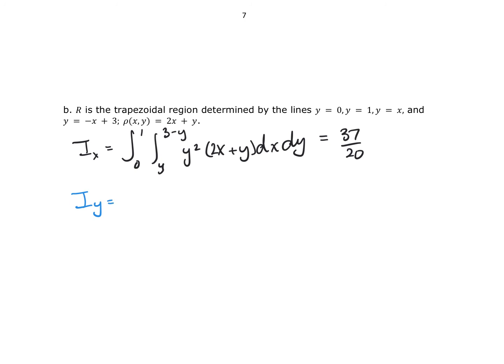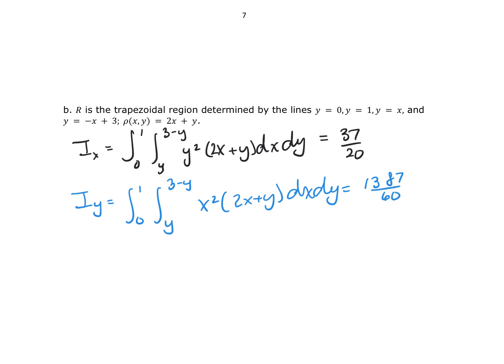My I of y from 0 to 1, from y to 3 minus y, now of x squared, 2x plus y, dx dy, which is 1387 divided by 60. My I about the origin is going to be Ix plus Iy, which ends up becoming 749 over 30.